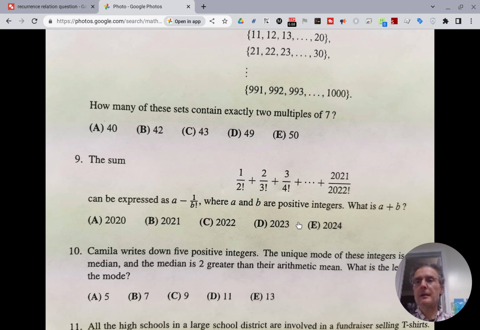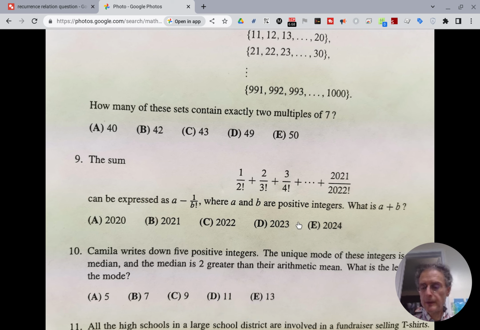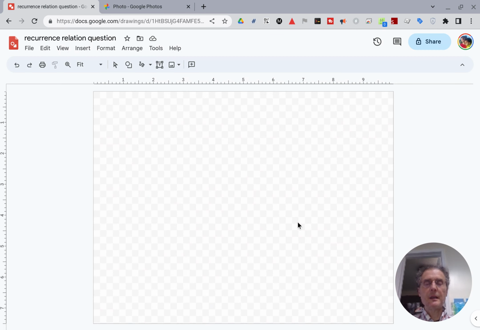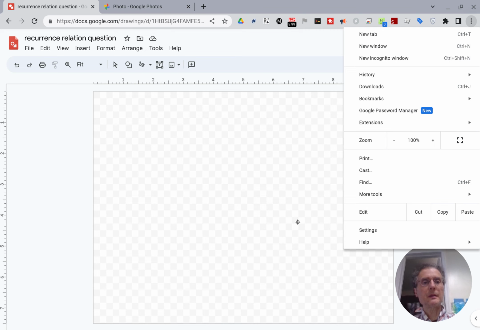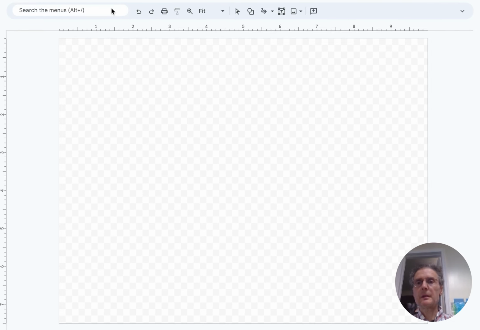Let's go over here and copy over the problem, which I believe I can just do, and make this full screen. Let's make that full screen. Oh, and there's no way to get rid of this. Yes, and then the menu, how do you get rid of the menu? There's got to be a way to get rid of that too. But let's just do this.